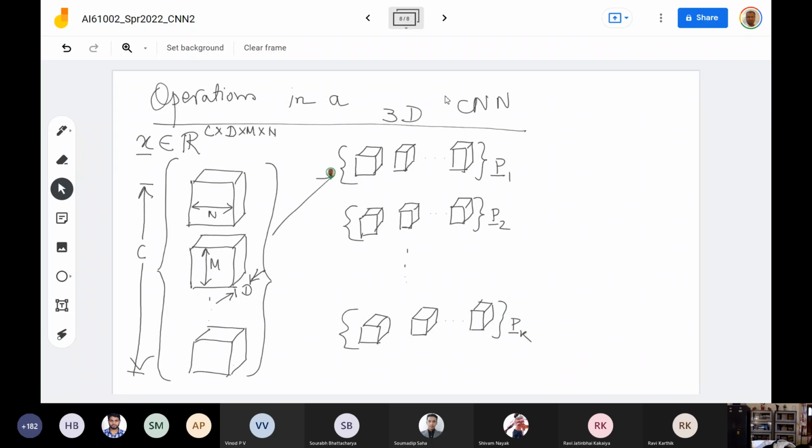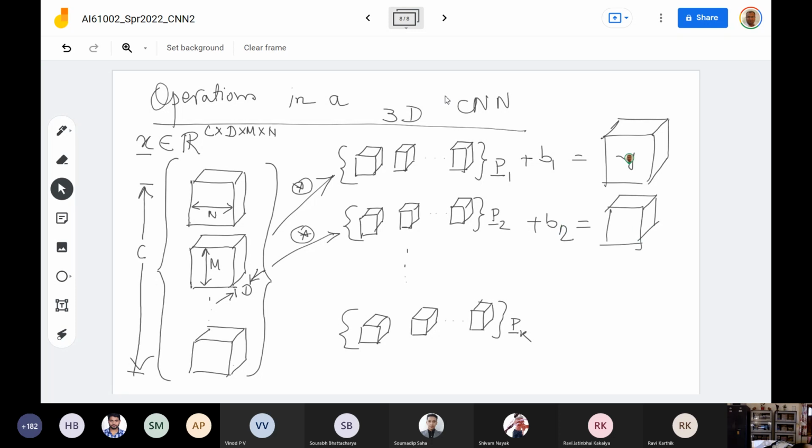Now I run a convolution on this. I add a bias and out comes to me another 3D tensor. I run a convolution on this. I add a bias and out comes another 3D tensor. So this to me is y1. This is y2. This is yk. Okay.